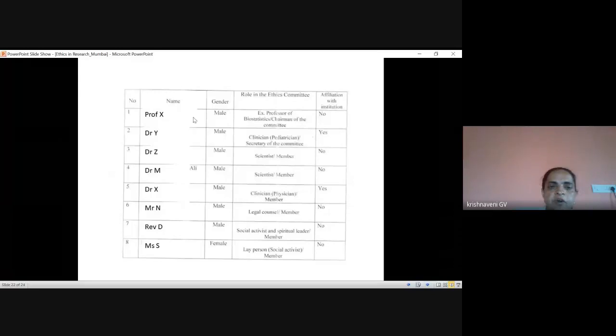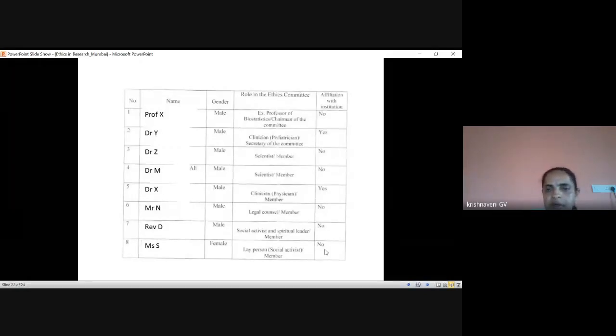So the ethics review committee should have about 8 to 12 members. As you can see, only 2 of the committee are from inside the institute and 6 of them are from outside. Of course, it has more members. I'm one of the members, but since it is my own study, I was not part of the review committee.